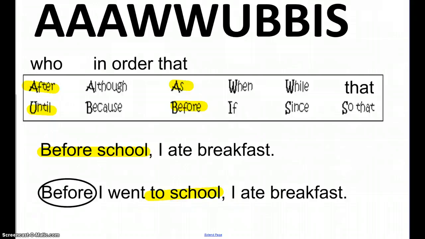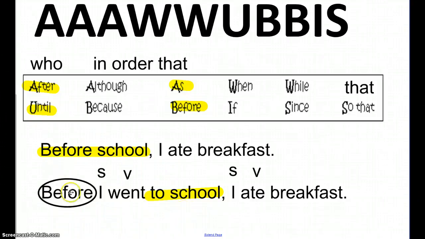And so I am the subject. And what did I do? I went is my verb. I am my subject over here, and then ate is the verb. So we've got an independent clause, a part of a sentence that can stand alone. I ate breakfast. But when we put this dependent clause at the beginning, it adds a little bit more description: before I went to school.